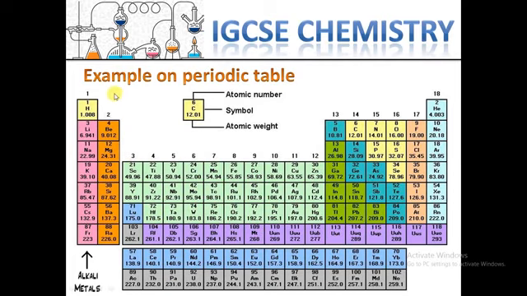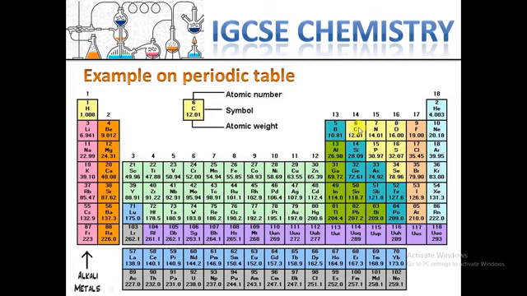The next one is an example on a periodic table. Each periodic table of elements has a mass number. Here below you can see the mass number for hydrogen, here for lithium, sodium, potassium, and for carbon it is 12, and the top is the atomic number.